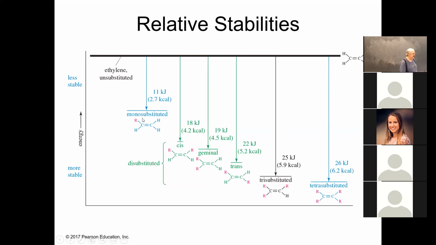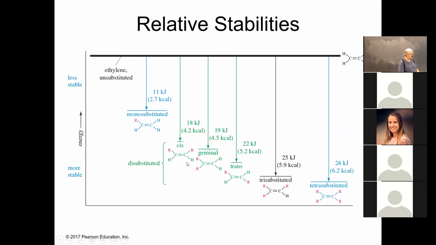And if we have a monosubstituted alkene, it doesn't really matter too much what R is, whether it's a butyl or an isopropyl or an isobutyl or whatever it happens to be, or whether it's 10 carbons. The nature of the R group doesn't make too much difference. So that's going to be more stable by 11 kJ per mole compared to ethylene.